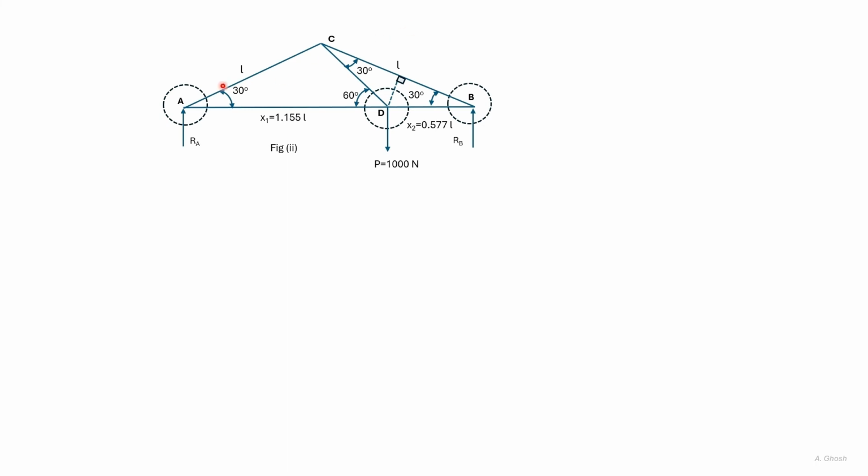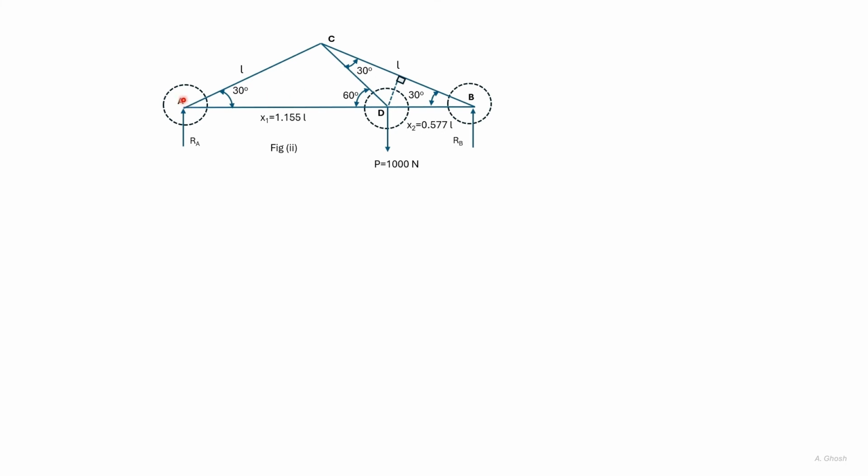The angles at A and B are both 30 degrees. So the triangle ACB is an isosceles triangle. The angle at A is 30 and the angle at D is 60, so the angle ACD is a right angle.